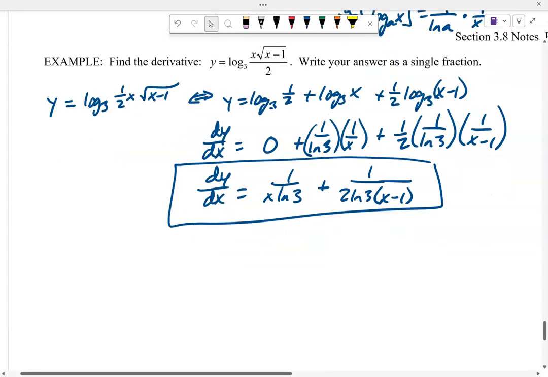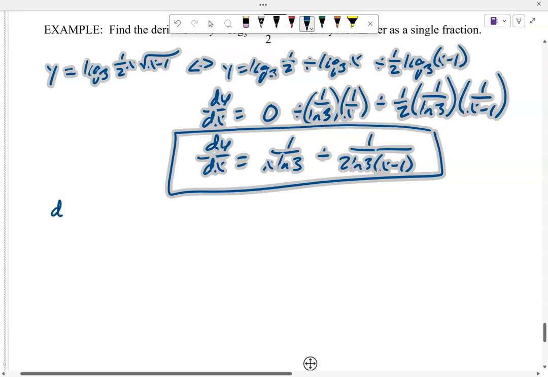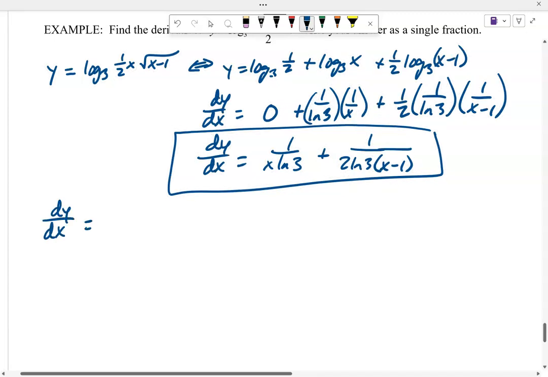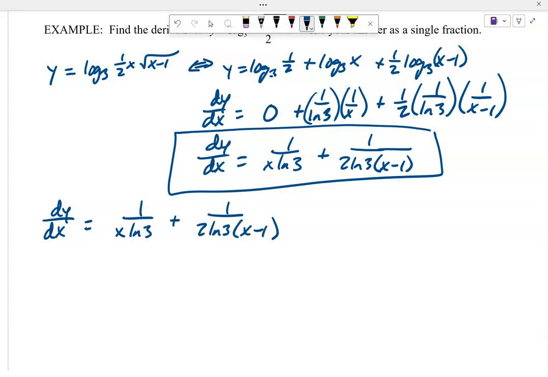We should mention we could get a common denominator on this, you guys. Notice the one on the left had an x, this one needs an x and an x. They both have an ln of 3, but the one on the right bottom has a 2, so I'm going to give this a 2 and a 2. The one on the right has an x minus 1, so I'm going to give this an x minus 1 and x minus 1.